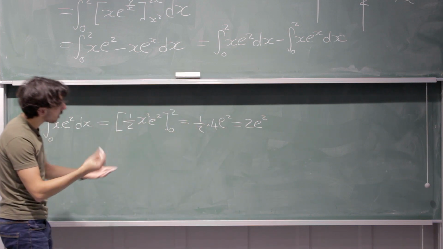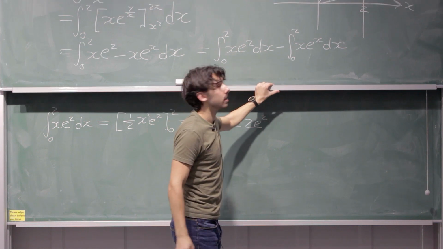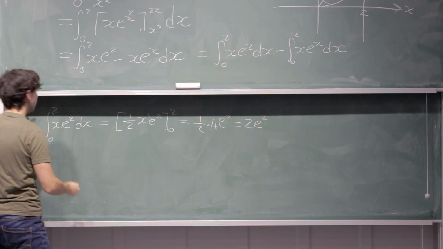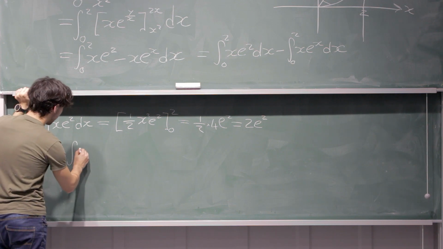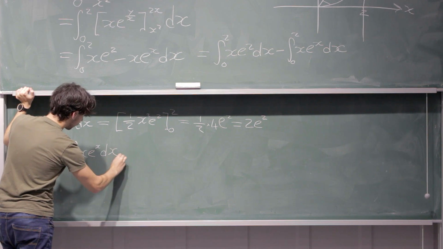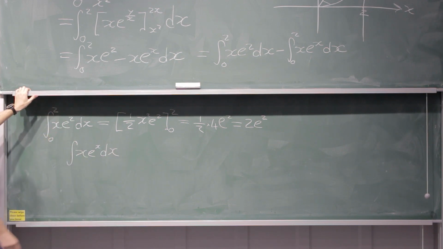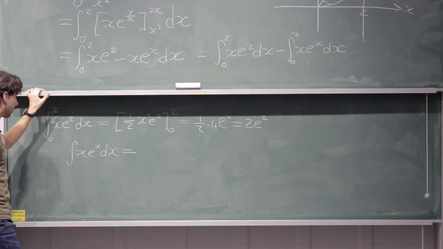Okay, now the slightly more annoying bit is the integration by parts for the second integral, the one over here. Let's do that. So the integral of xe to the x dx. I'm assuming that you guys are quite good at integration by parts.